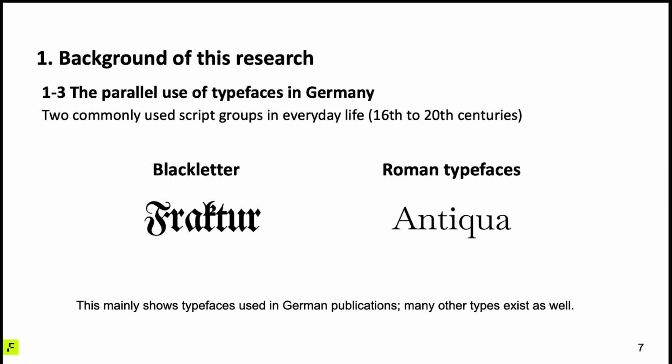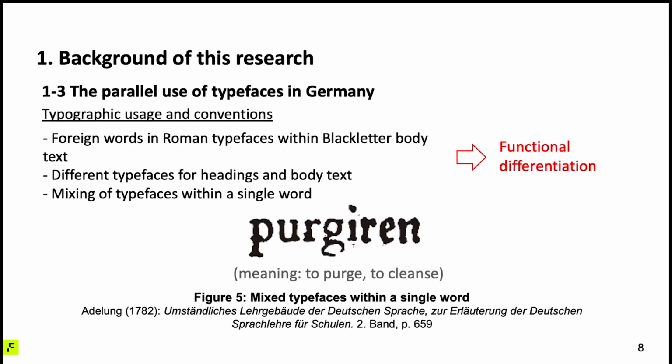In Germany, Blackletter and Roman typefaces were used side by side until the middle of the 20th century. The typefaces shown here were commonly used in everyday life in Germany. In Germany, the following typeface practices became conventional in printed material.